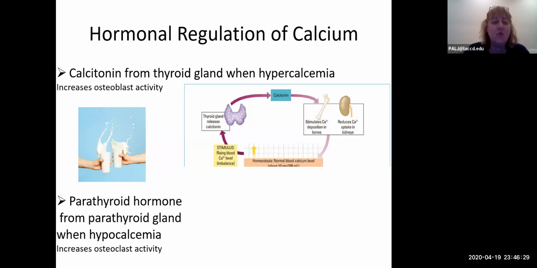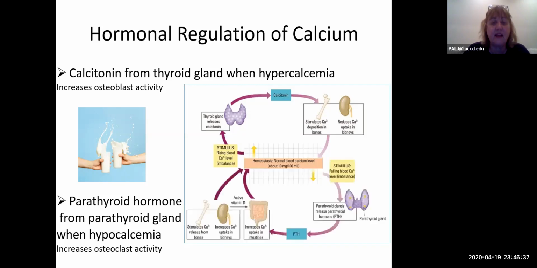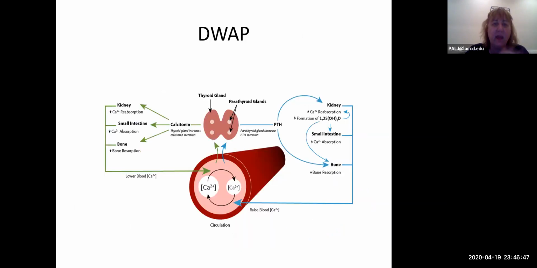When we are hypocalcemic, the parathyroid gland will release parathyroid hormone, and we will increase osteoclast activity, decrease osteoblast activity, increase the calcium uptake from both the kidneys and the intestines. So make sure you understand these little feedback loops here, okay?